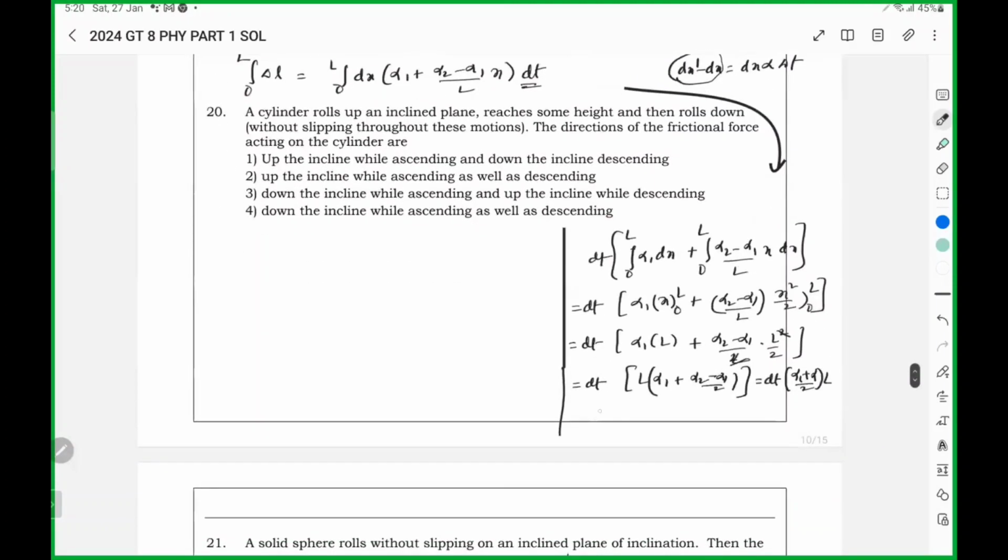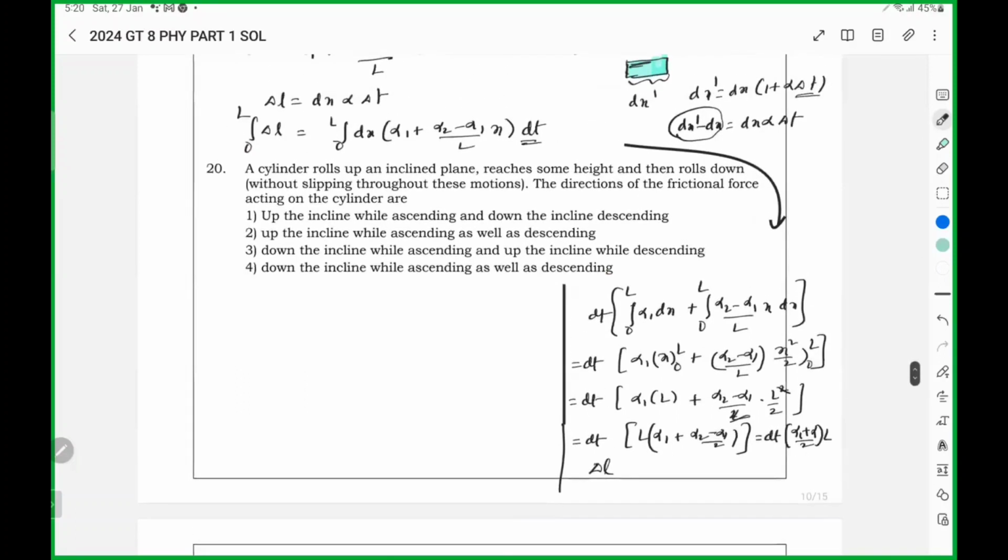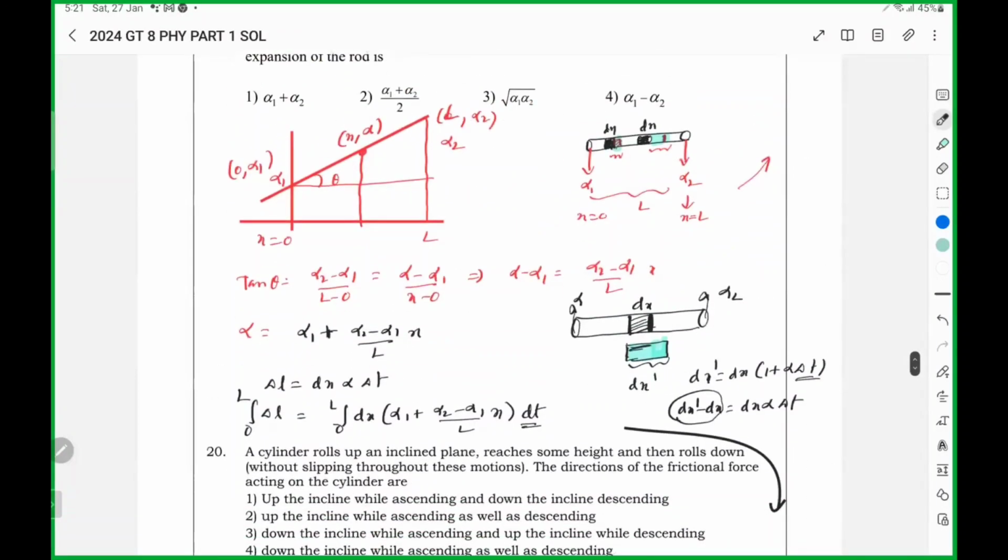Integral dl, that is total change in length. So delta L finally, which is equal to L times (alpha 1 plus alpha 2) by 2 times delta T. This is L alpha effective. So alpha effective is this. That is the second option.